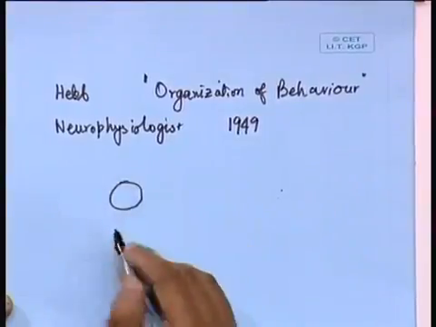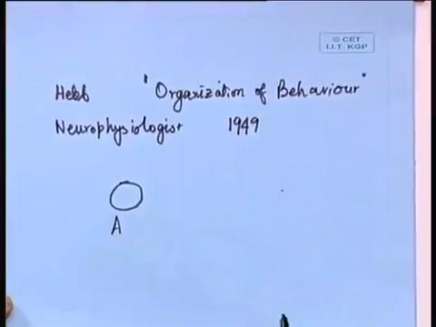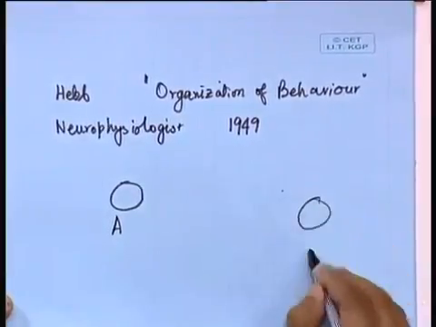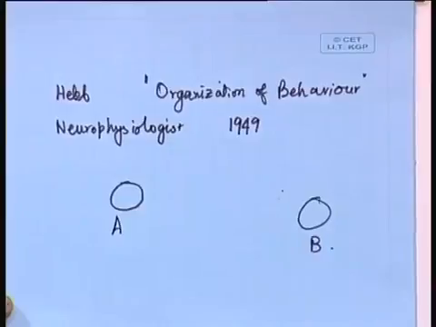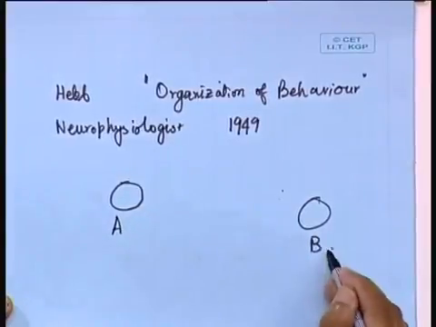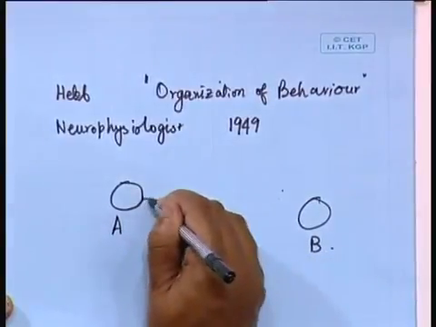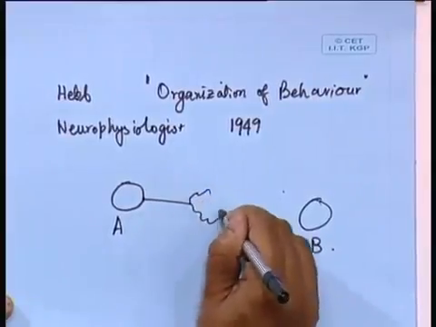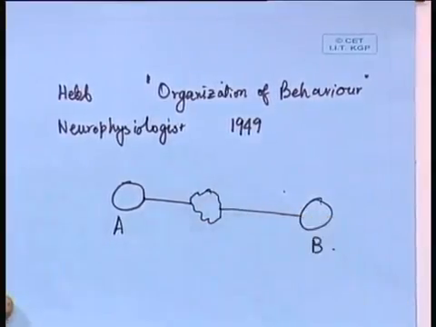All that it says is that supposing we have got a neuron cell A, and we have got another neuron cell B, and this cell A and cell B are connected to each other using a synaptic weight.